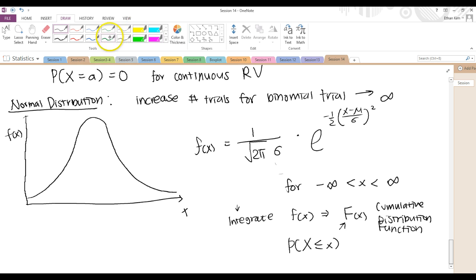So let's look at the normal bell-shaped curve. Since this is a symmetrical curve, we're going to have the mean right at the center, in this case mu, because we're looking at the population here.